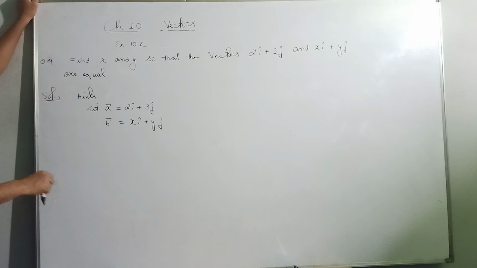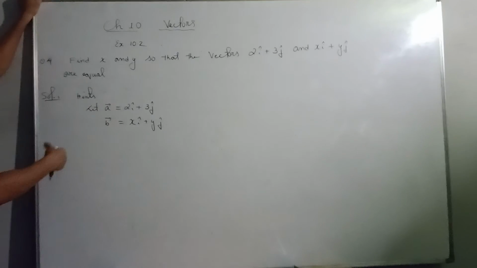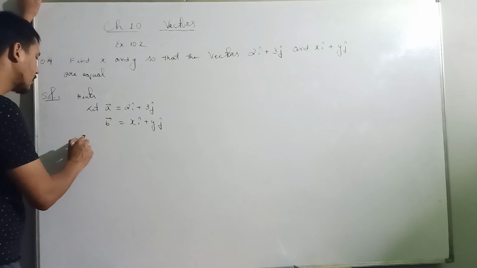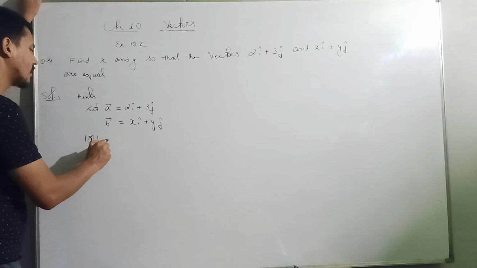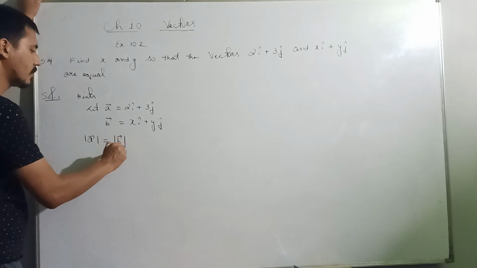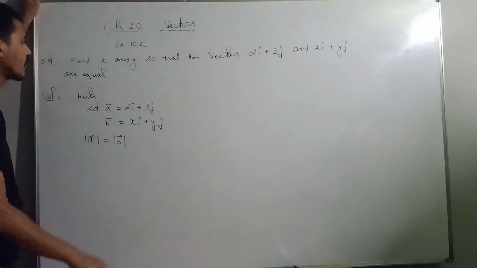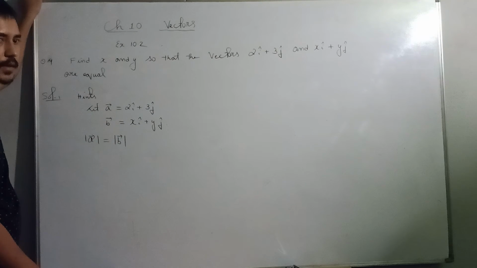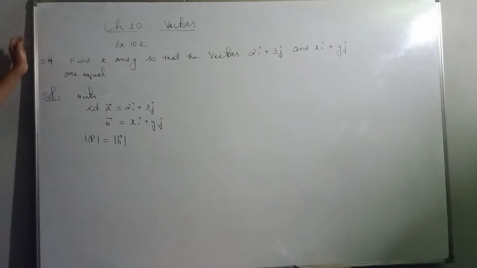If these two vectors are equal, they have the same magnitude as well as the same direction. That means magnitude of A is equal to magnitude of B. So using the relation for equal vectors, you can find out x and y. Yes. Next one.